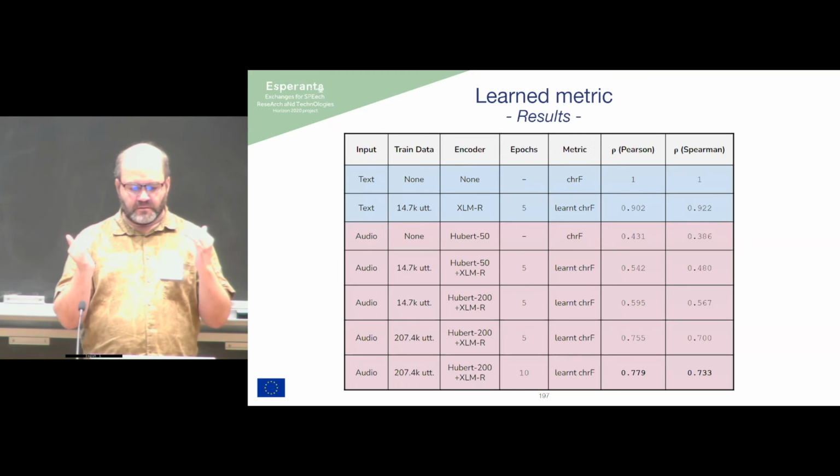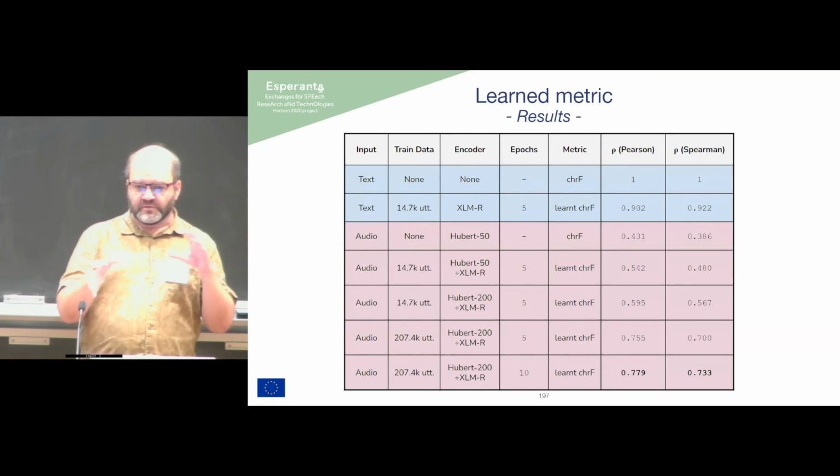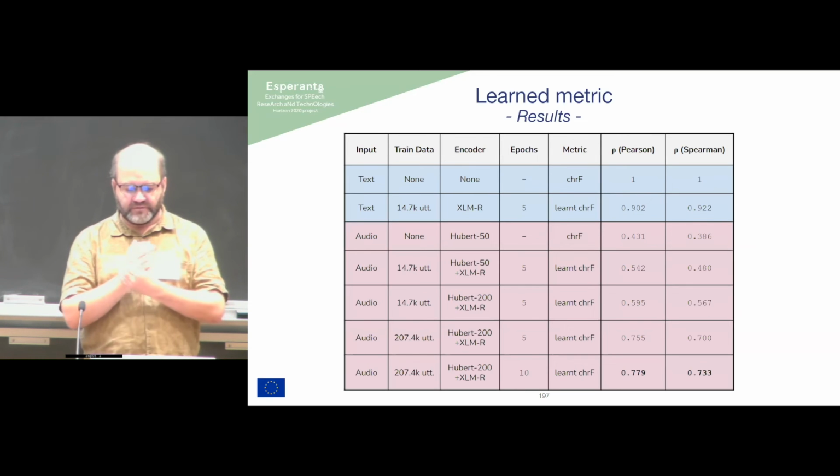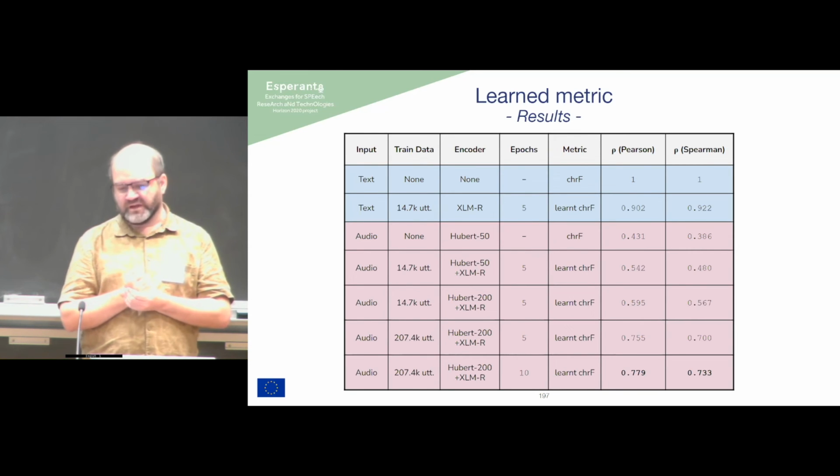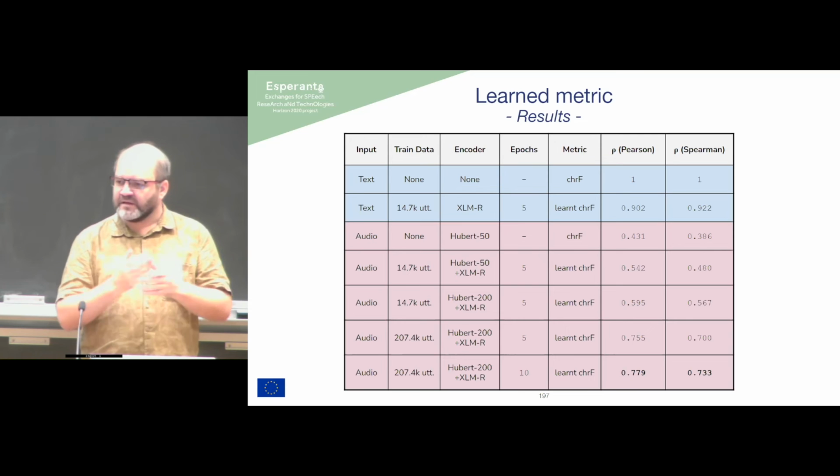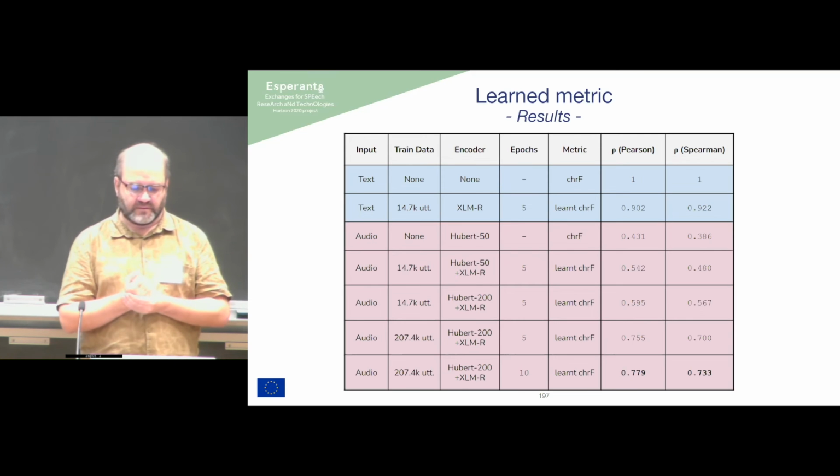Then we tried an equivalent of what we did before, but on HuBERT 50 audio samples, and we just did chrF on these samples without training, and we got a 0.4 correlation, so that's bad. So at least it keeps being bad even with different features.